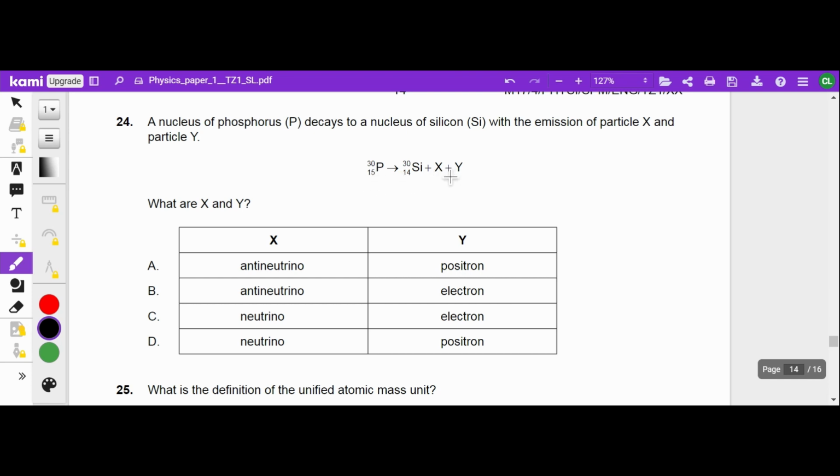So that means that one of these has to be a positive 1 here. So it's a positron, not an electron. And because it's emitting a positron, it'll produce a neutrino with it, not an antineutrino. So the answer is D.